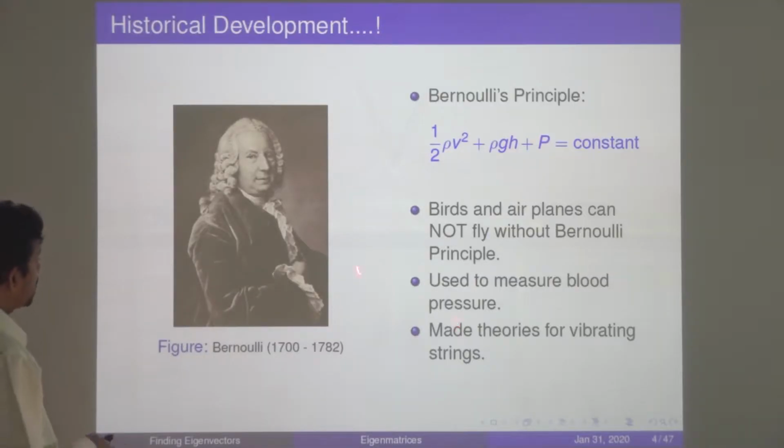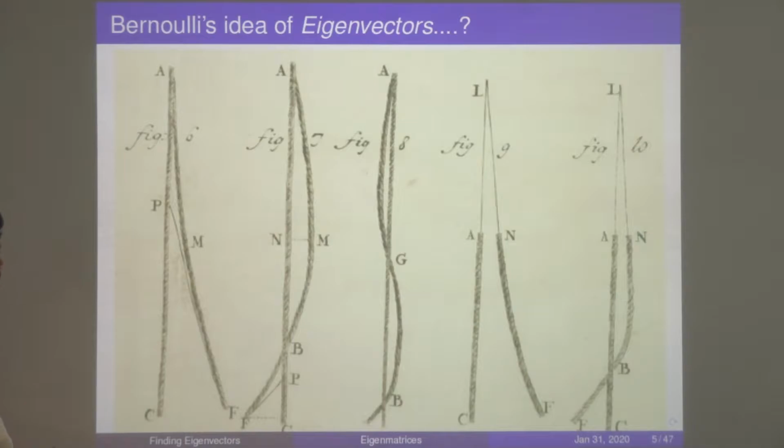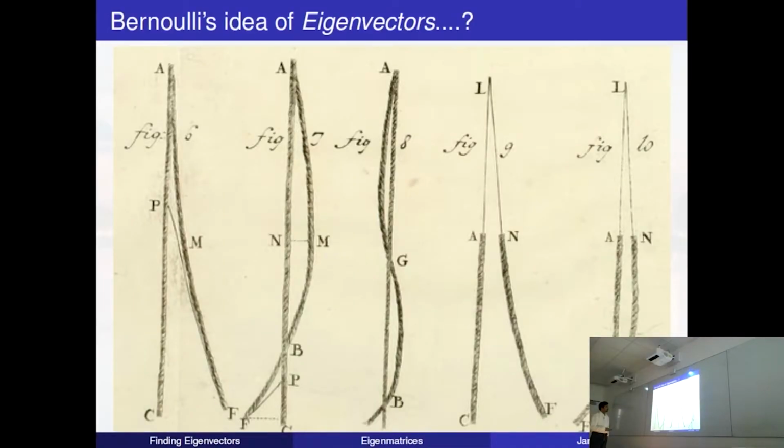And then the related work, for example where these eigenvectors come from: he had a nice experimental work about vibrating strings. And when you talk about the theory for vibrating strings, they came up with what we call a configuration. So this is Daniel Bernoulli's actual experiment, and we got these from his own work.